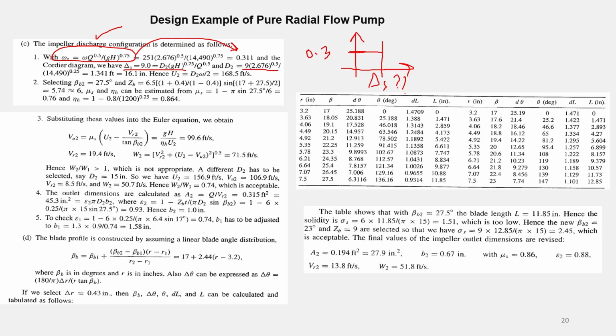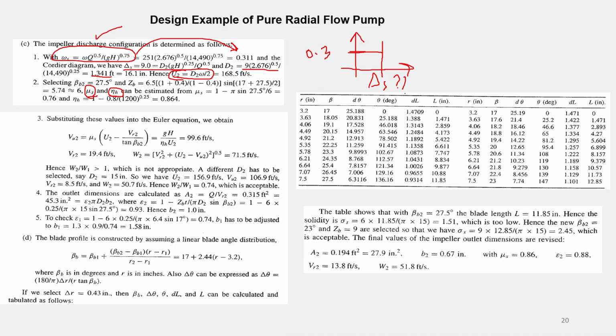So D2 you will get from this formula, and then from D2 you will calculate the rotor speed at the exit, and from the rotor speed at the exit we proceed to compute the flow area. But before proceeding with the computation of the flow area at the exit, we need to calculate, for example, the hydraulic efficiency and the slip factor.